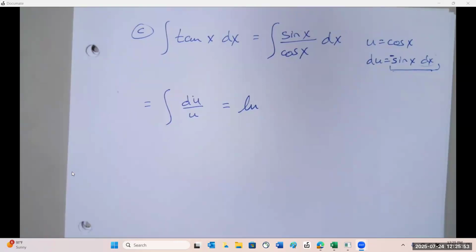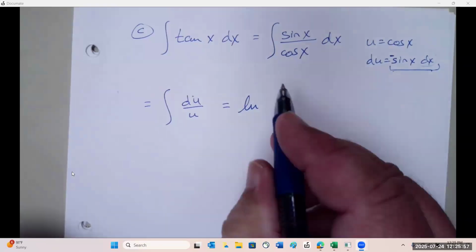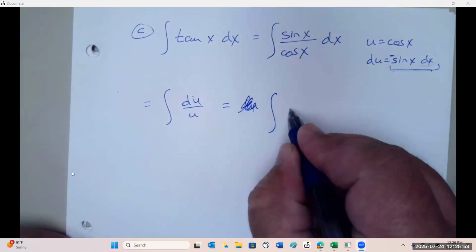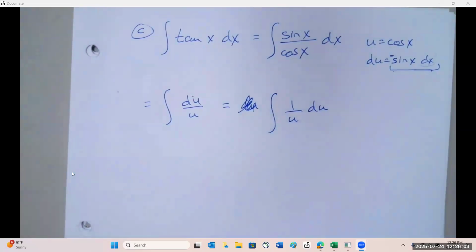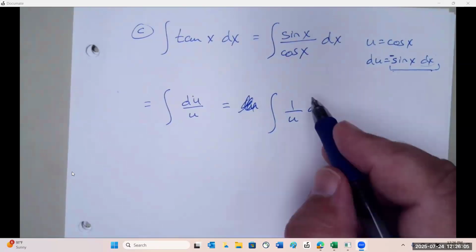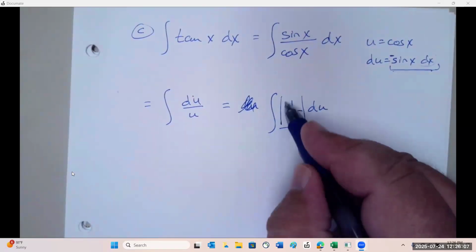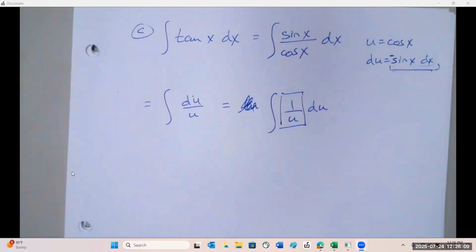I'm thinking du is the negative sine x over cosine. It is. So the integral of 1 over u du. What function gives me this as a derivative? 1 over x.